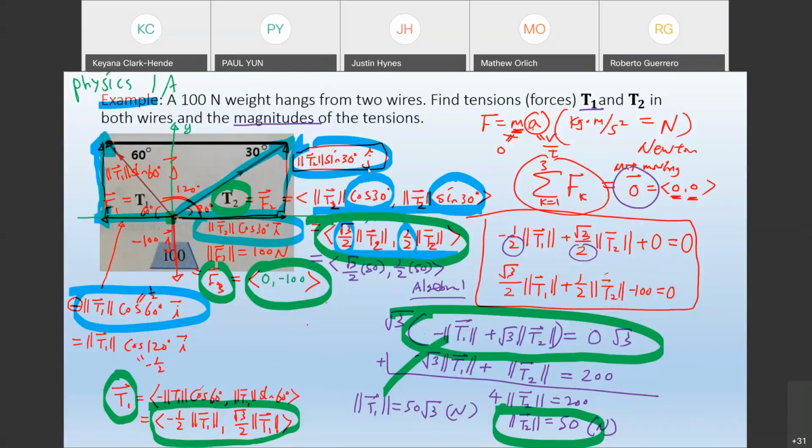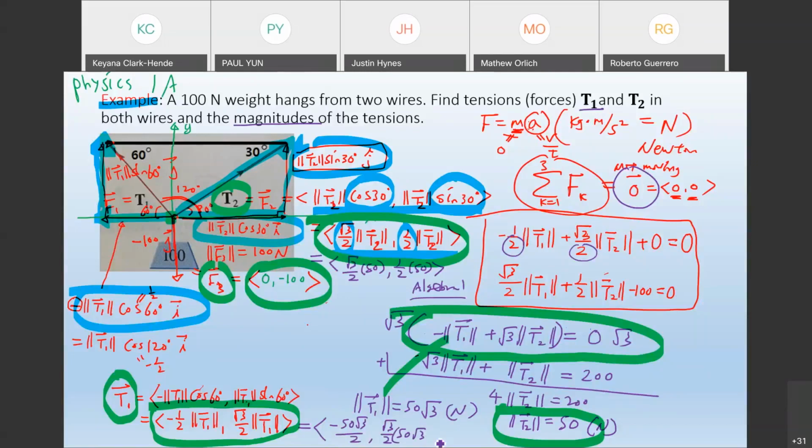How about T1? T1, just plug in here. Negative 50 over radical 3 over 2, and then radical 3 over 2 times, and simplify. You guys simplify. 50 radical 3.